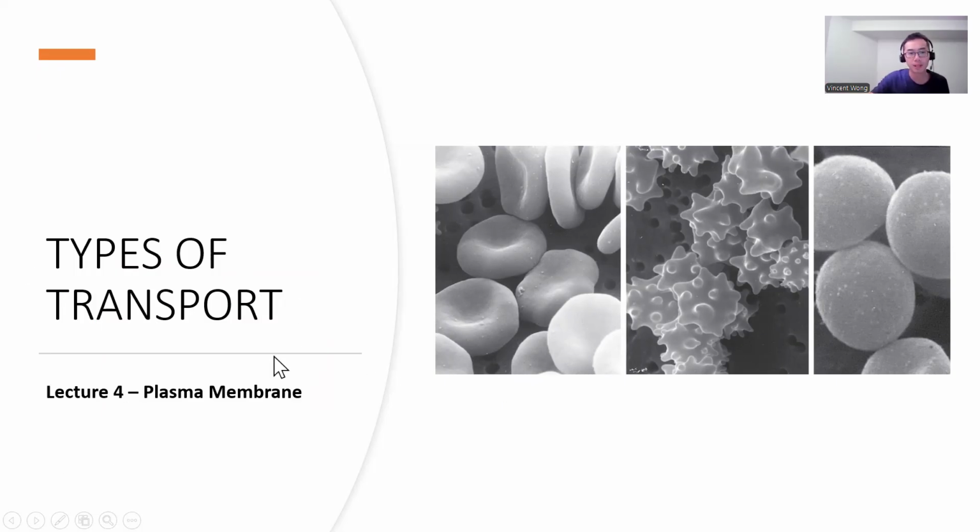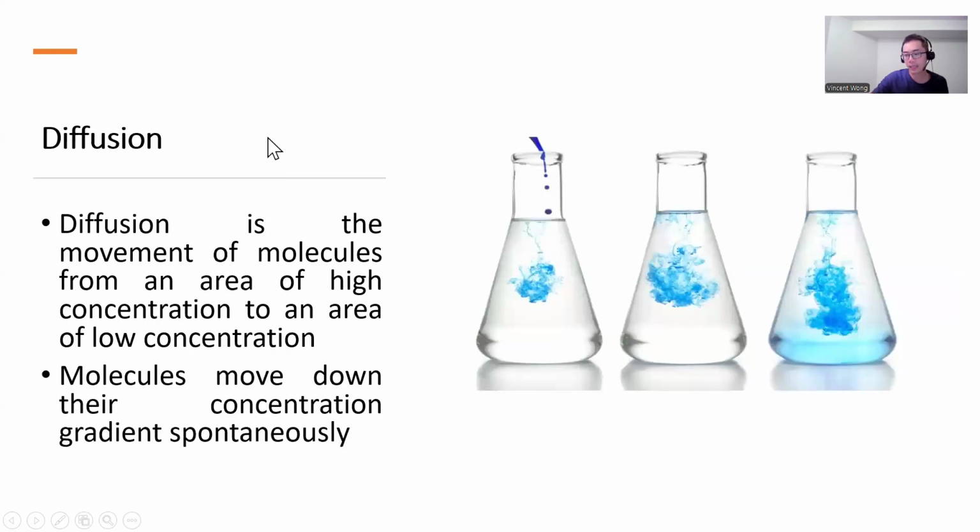So, types of transport. These are all red cells you're looking at. These are normal looking red cells on the left. These two are not looking too good. And so we're gonna talk about the conditions in which the red cells are going to be deformed like these. But first, let's talk about different types of transport.